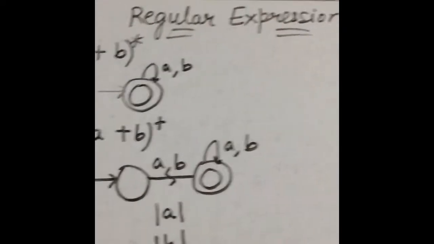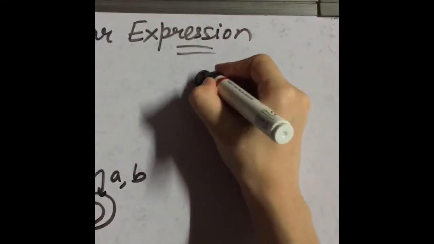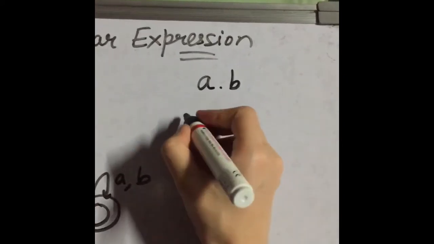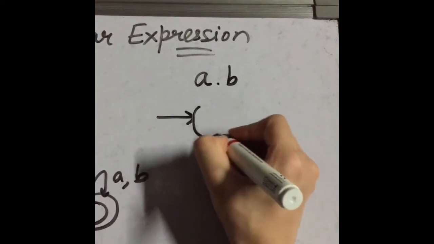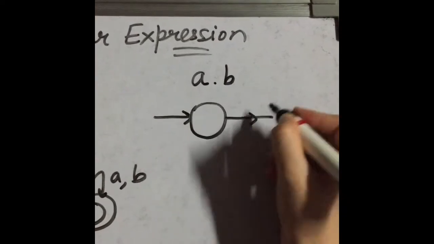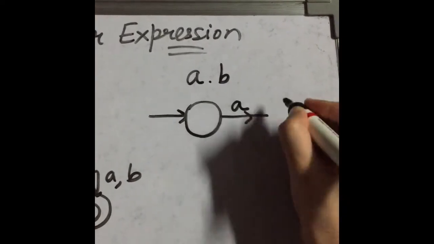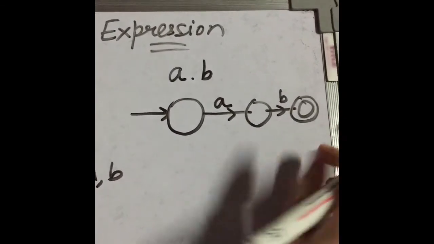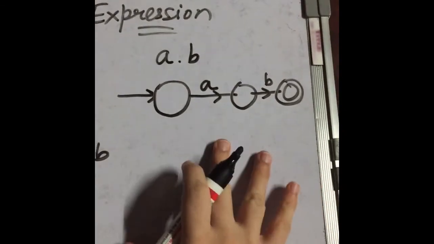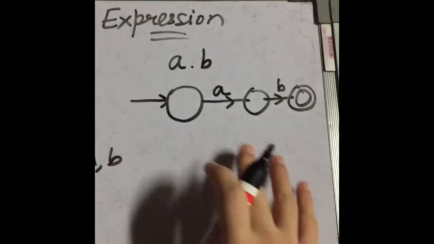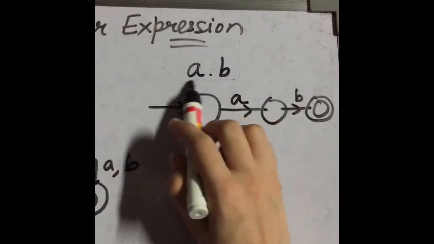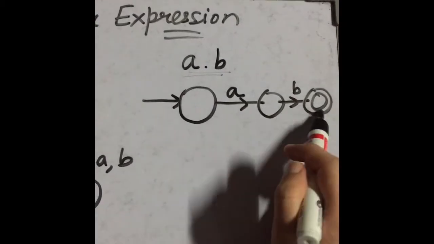If you have concatenation, a dot b, what is the automata formed by this regular expression? A dot b means a, and after that there is b. This is normally the NFA, the finite automata for this regular expression a b.